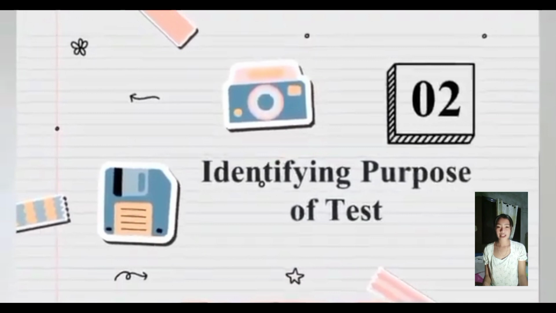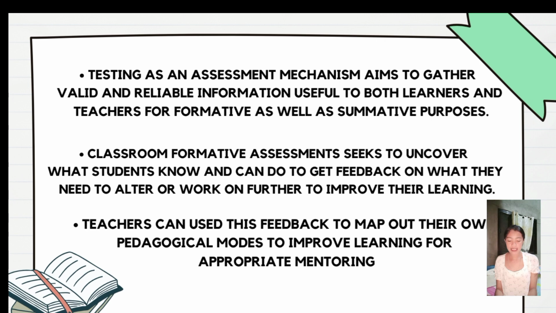Next, we have identifying the purpose of a test. Testing as an assessment mechanism aims to gather valid and reliable information useful to both learners and teachers for formative as well as summative purposes.